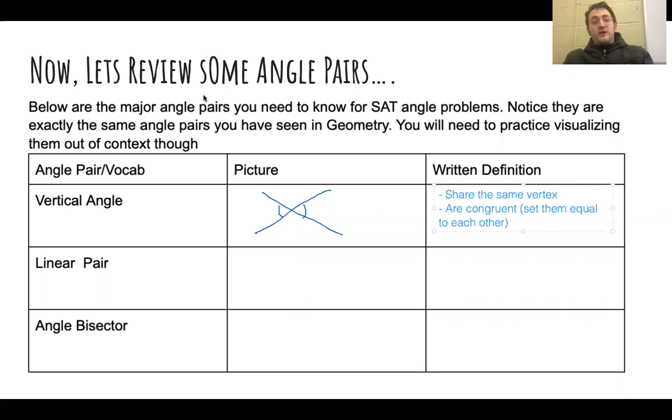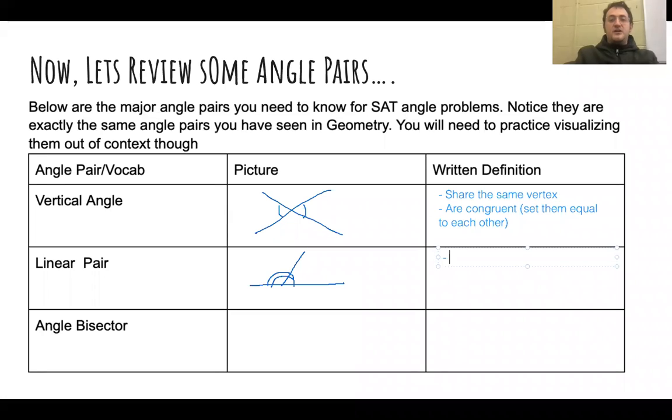And then a linear pair, this is going to be the most common supplementary angle situation. If we notice, this angle and this angle make a semicircle, which is 180 degrees.